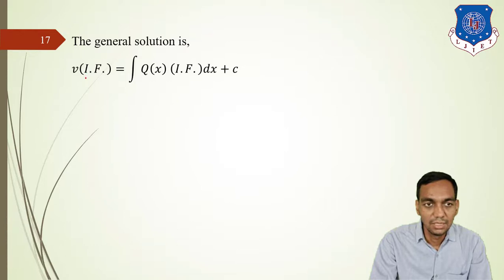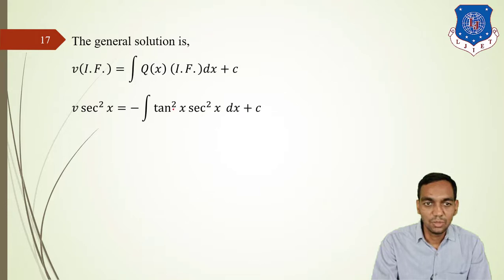Now see, v into if is sec square x is equal to integration of q, which is minus tan square x, into sec square x dx. So tan square can be written in a form of sin square upon cos square, or you can directly use fx into f dash x.